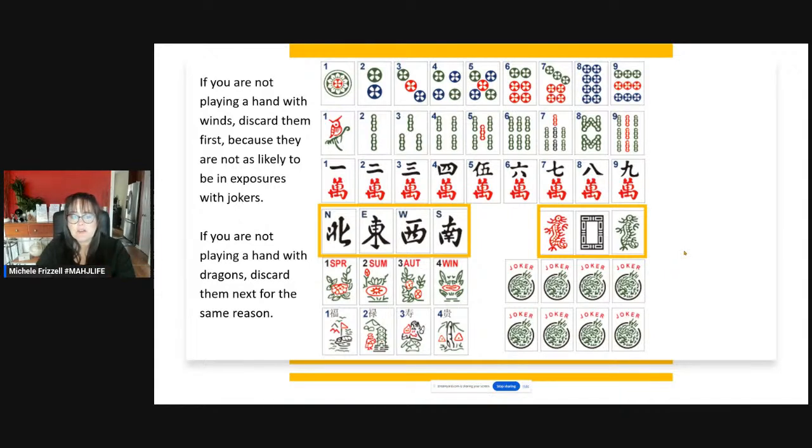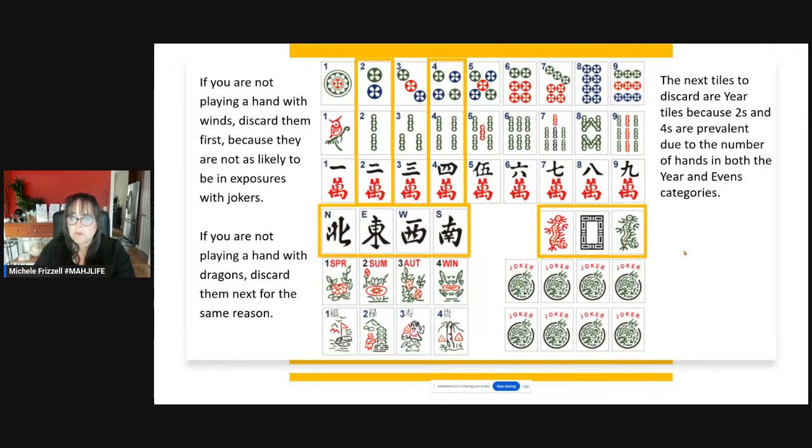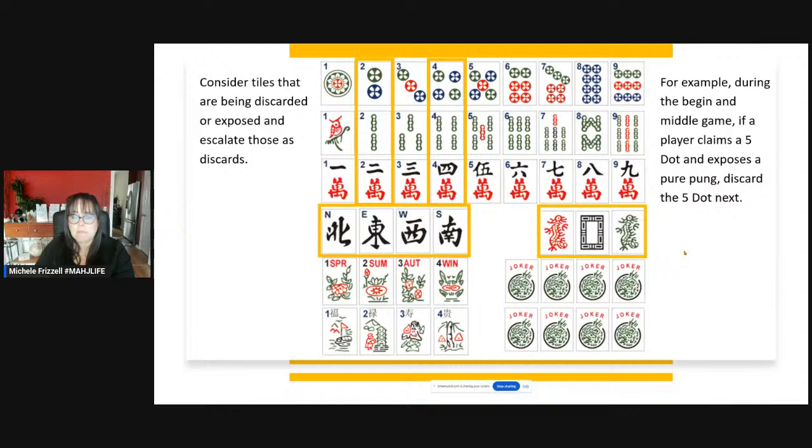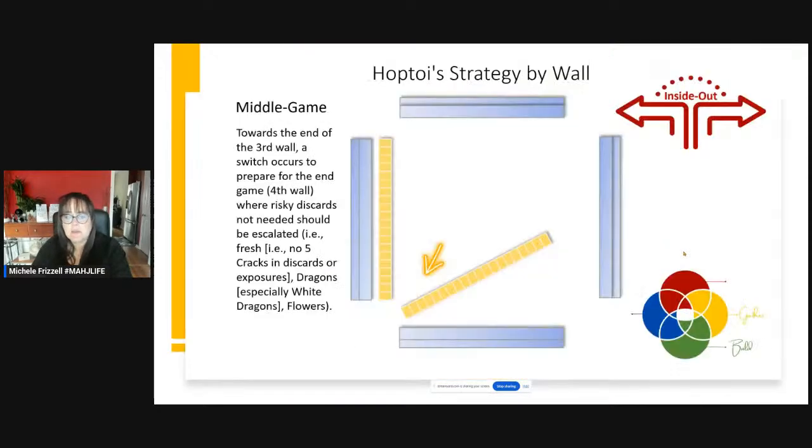I'll discard winds and dragons first, and then I also discard year tiles if I'm not using them, to sabotage the big year hand. So discard from the outside in after you've gotten rid of your winds and dragons, and then year tiles. So outside in would be the 3rd level. So winds first, then dragons, then year tiles, then outside in. So 9, 8, 7, 1, 2, 3.